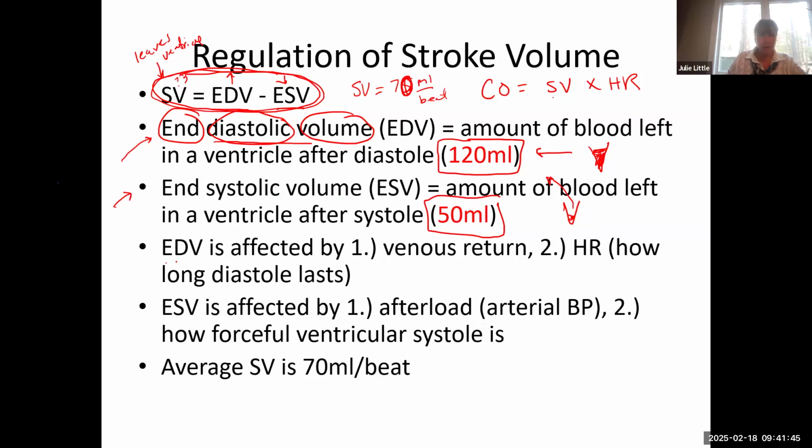So end diastolic volume, what is it affected by? You're pouring blood into the heart. We're going to have these two things: venous return, which we're just going to call exercise right now, and the muscular pump. When we return blood to the heart, it's easy to return blood through the venous system if our muscles contract.